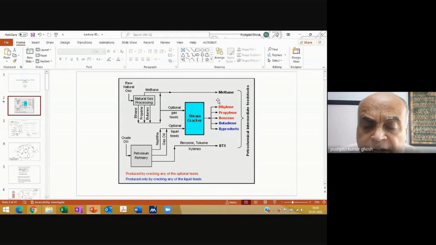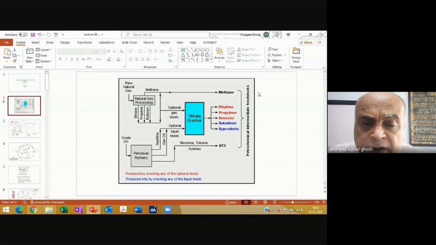Now, we've already seen when we studied the Haber-Bosch process how natural gas was extremely important for producing syngas by steam reforming. This methane, a lot of it actually goes for steam reforming in a refinery. Why?